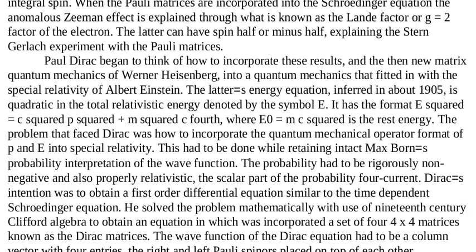Dirac's intention was to obtain a first-order differential equation similar to a time-dependent Schrödinger equation. He solved the problem mathematically with the use of the 19th century Clifford algebra to obtain an equation in which was incorporated a set of four 4x4 matrices known as the Dirac matrices.